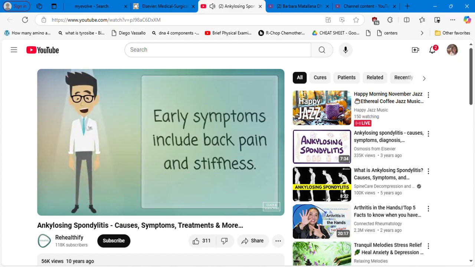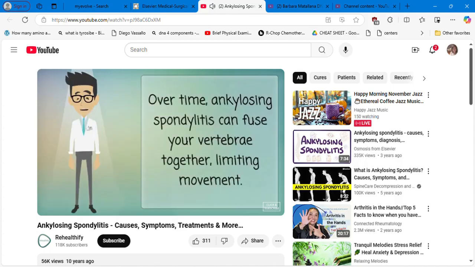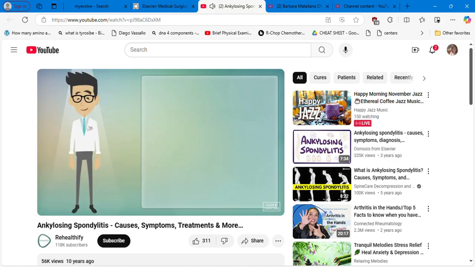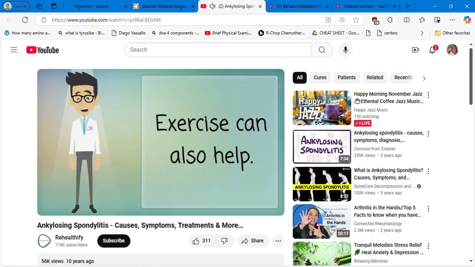Early symptoms include back pain and stiffness. These problems often start in late adolescence or early adulthood. Over time, ankylosing spondylitis can fuse your vertebrae together, limiting movement. Symptoms can worsen or improve or stop altogether. The disease has no cure, but medicines can relieve the pain, swelling and other symptoms. Exercise can also help.